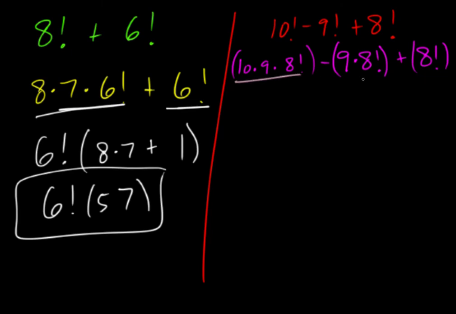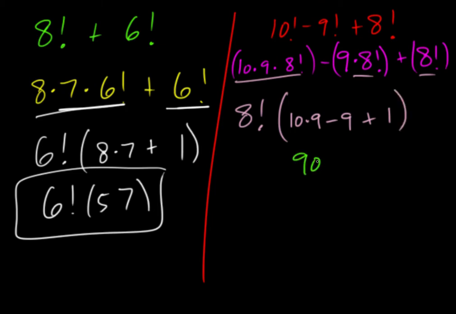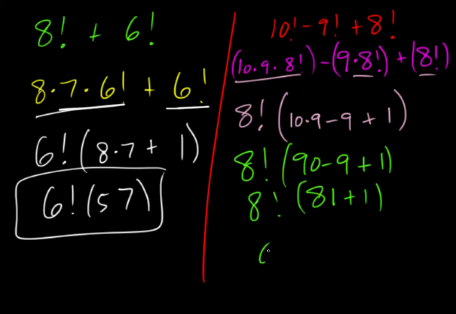Each of these has an 8 factorial in common. Then we have 10 times 9 minus 9 plus 1, which gives us 90 minus 9 plus 1, which gives us 81 plus 1, which gives us 8 factorial times 82.